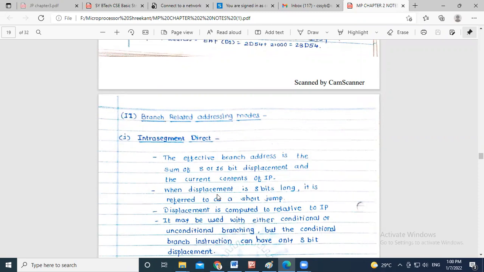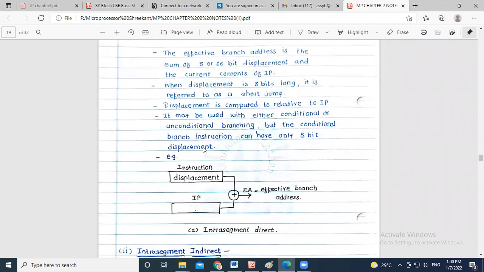So what are those 4 categories? We will see. First one is the intra segment addressing mode. In it, we use either an 8-bit or 16-bit displacement. Along with that, in the instruction itself, we use the displacement or the instruction pointer. IP is the instruction pointer, with the effective address. In the data related modes, we are not using any instruction pointer.